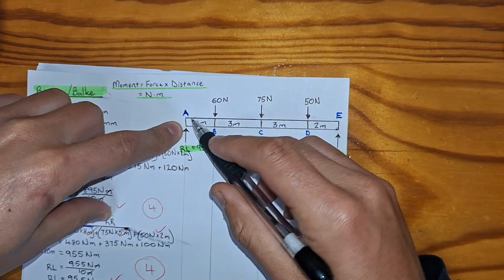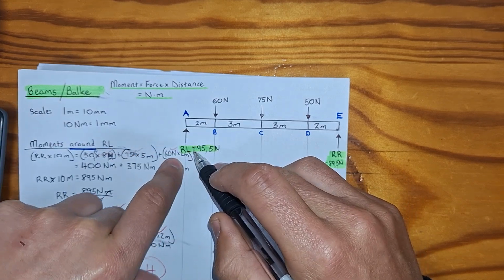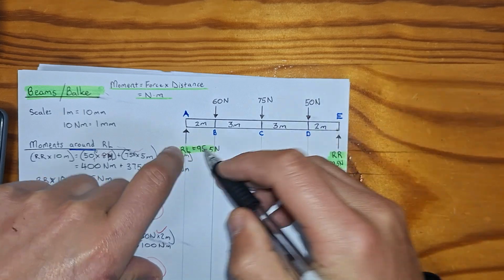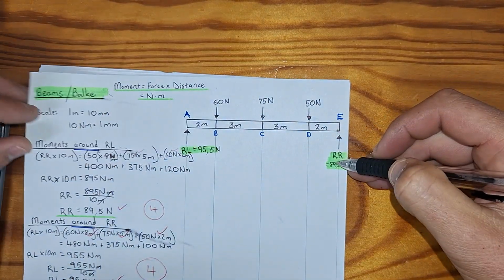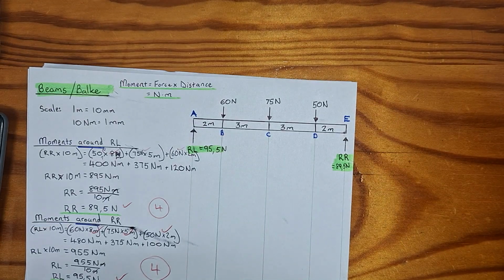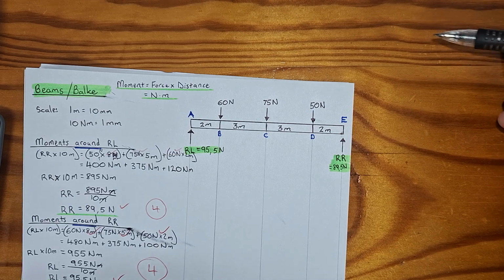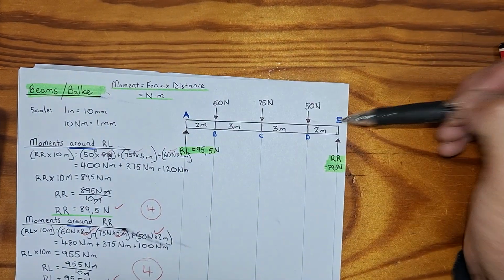Just be careful also, sometimes the labeling of A would start there, so it would be the bending moment at RL, A, B, C, RR. But in this case, A is also reaction left and E is also reaction right. Again, we are preparing for the worst of the questions, so we will show what the value of the bending moment is from A up to E.